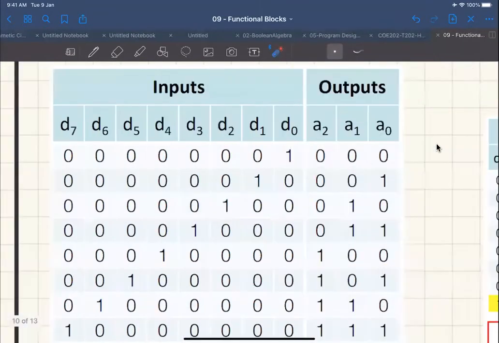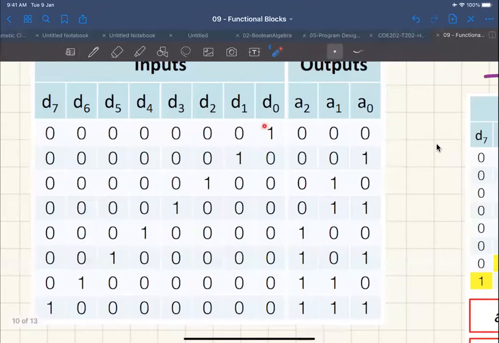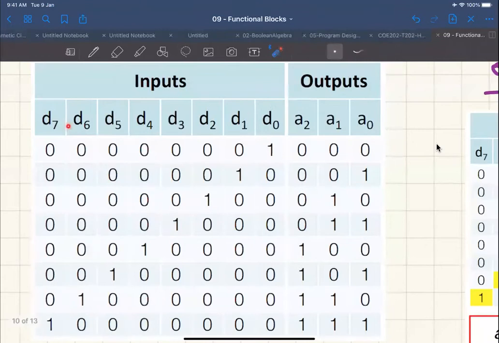There's the formulation here. This is the input, by the way. These are the inputs, D0 to D7. Here, D0 is 1, and all the other bits are 0. And this 1 now moves to the left as we go down in the truth table. Now, if D0 is 1, then we have the output being 0, so it's telling us that D0 is 1.